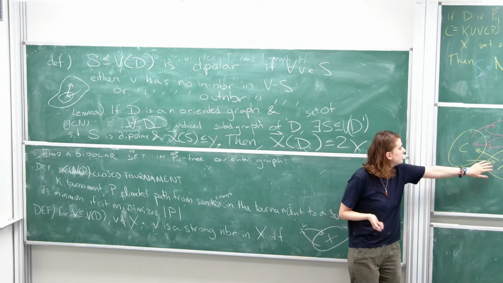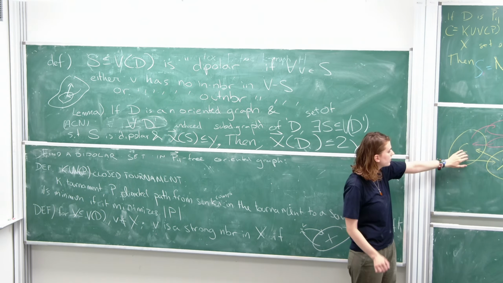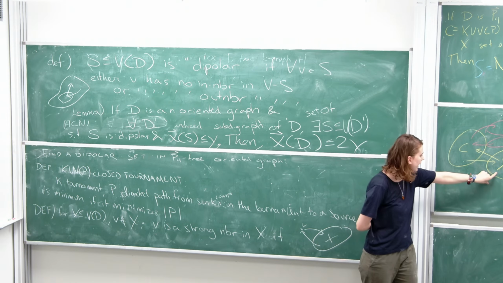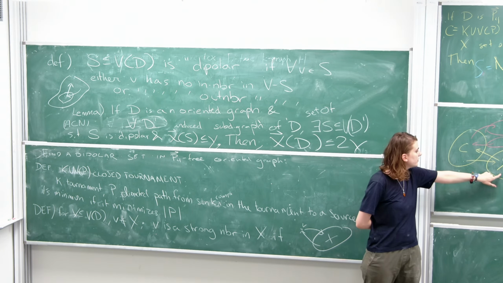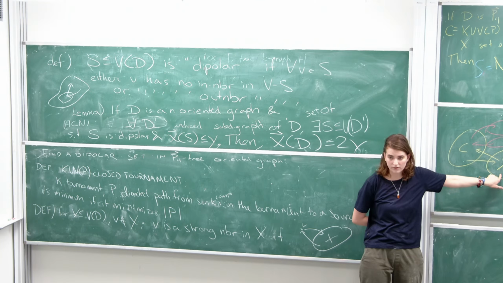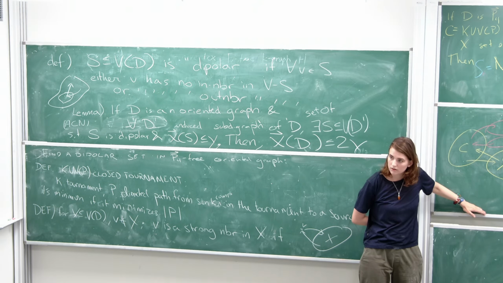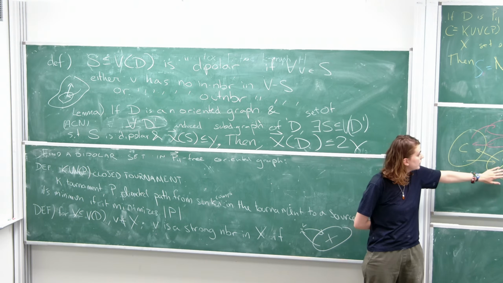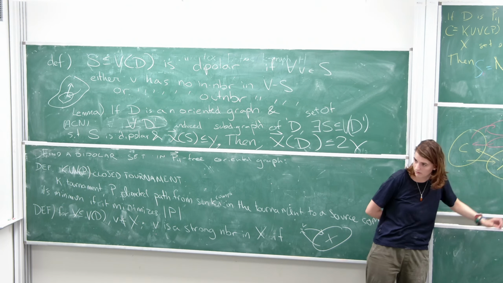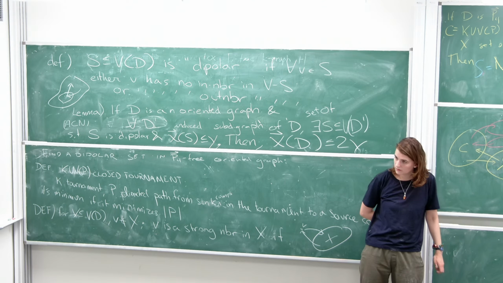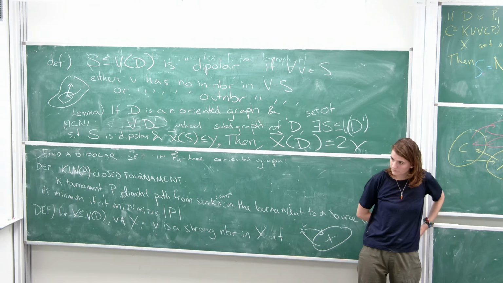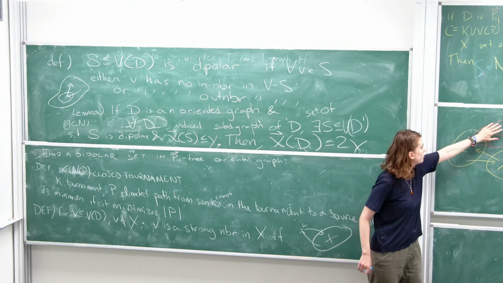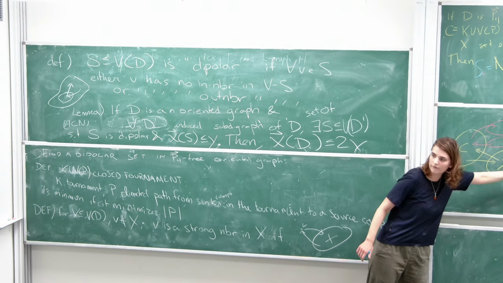So if you're looking at the neighbors of C, and you're an X, you're not going to have a neighbor outside of S, because all the neighbors of X are already contained in S. Yes. So the only sets we need to worry about are these ones that I drew in red.